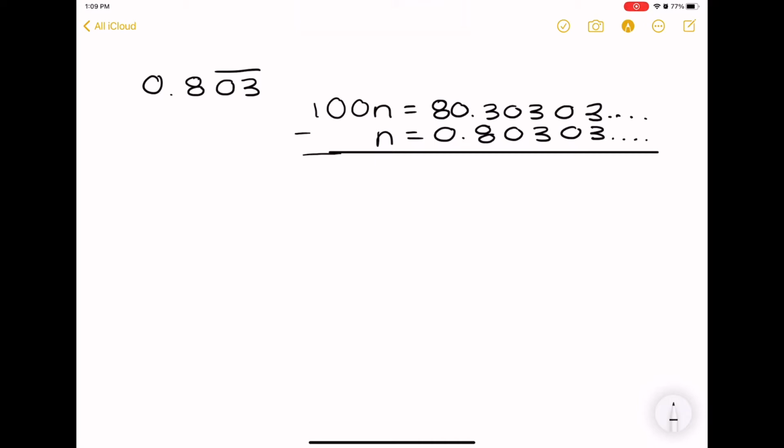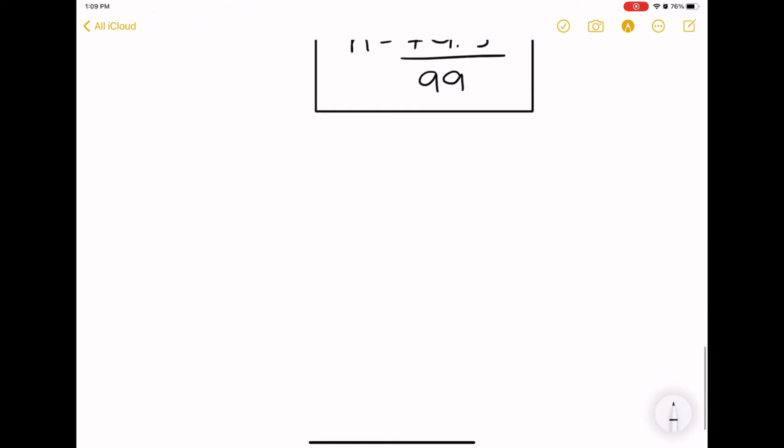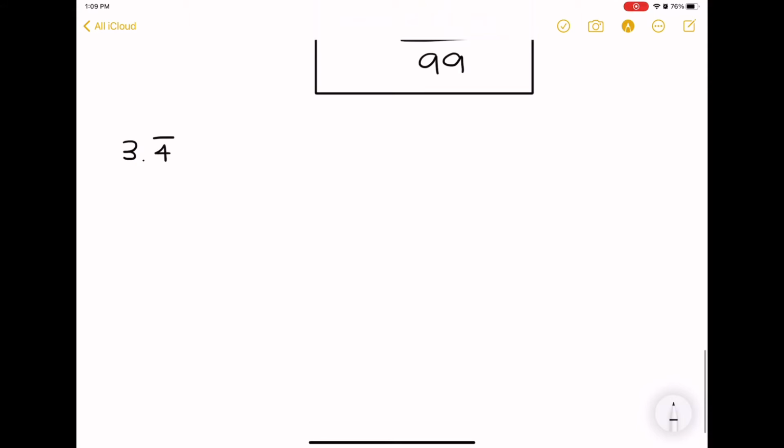So for example here, those 03s cancel out, but I will have 3 minus 8. So I will have 79.5, which is completely fine as long as there's no repeating. And once I simplify that, this is actually supposed to be simplified to 750 over 990. Of course you could simplify that further, but remember, no decimal.